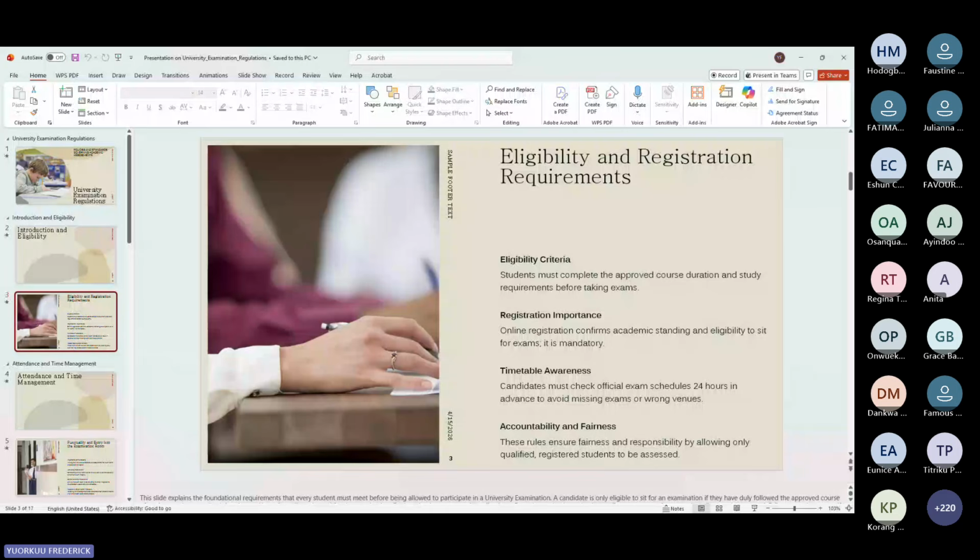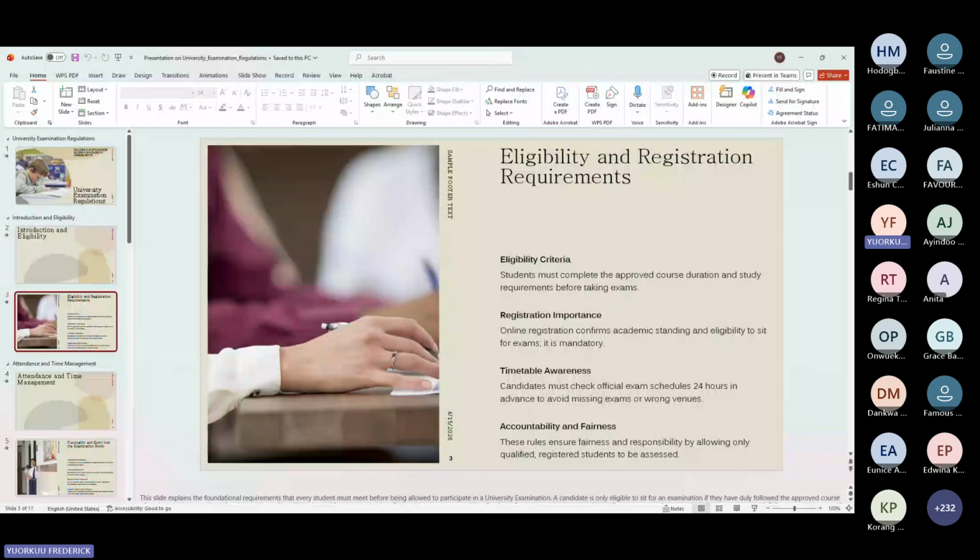So if you fall short of this 75%, that is, if you miss lectures for more than 25%, the department or the examiner has every right to bar you from writing that particular paper. So you should have met that requirement by now. Otherwise, some of your examiners will say no, they will not allow you to write the exam.